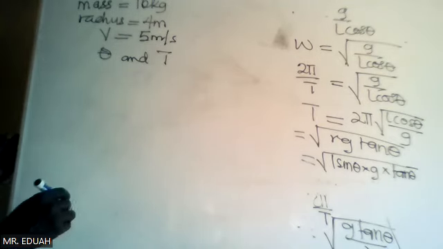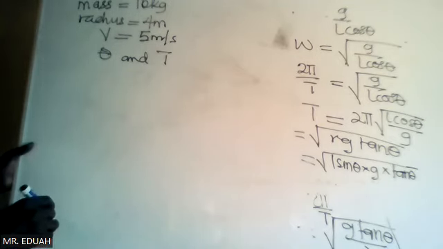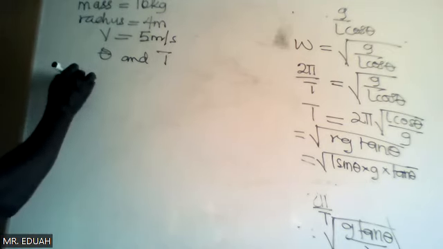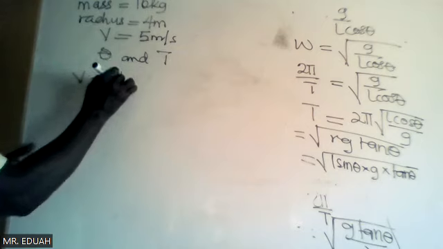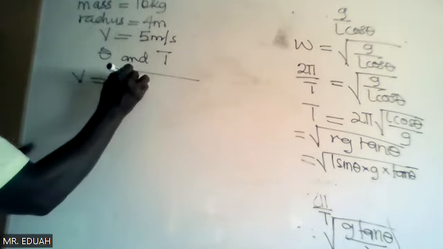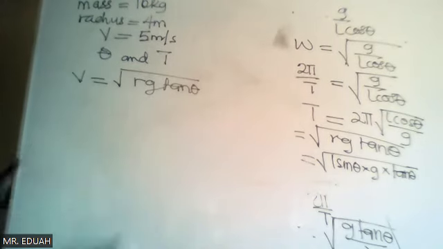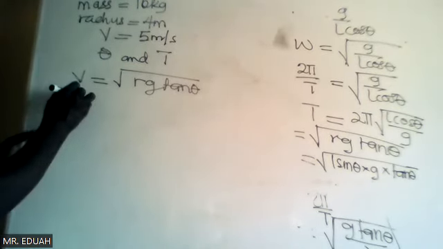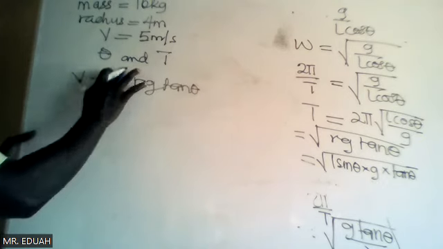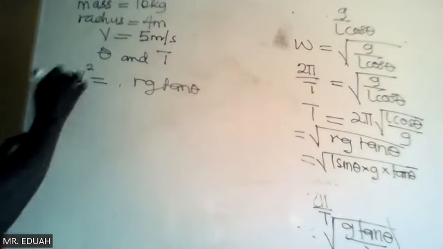How do we get the angle of inclination? Using V equals square root of r g tan theta, we can easily find it. Because V is given, let's use V squared.